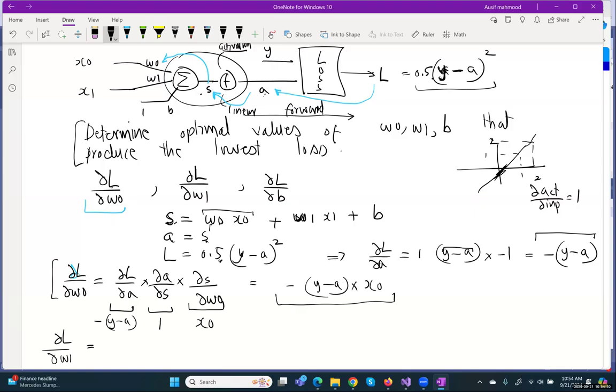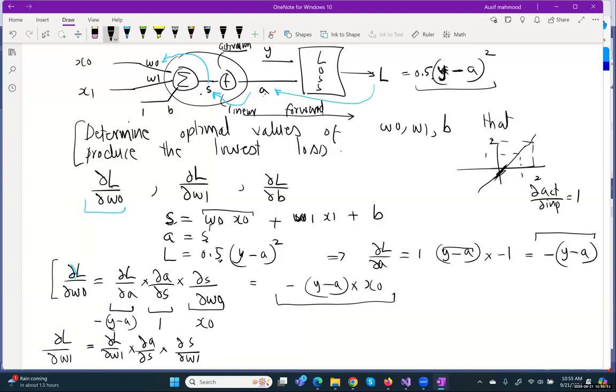So again, what we'll do is start from here. You can write it like, again, partial L over partial W1 equals partial L over partial A multiplied by partial A over partial S multiplied by partial S over partial W1, right?